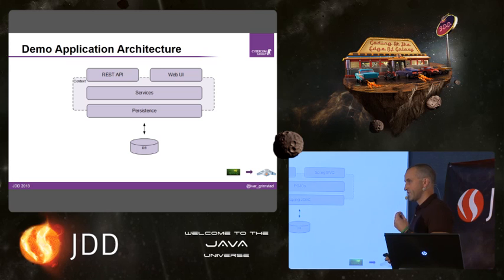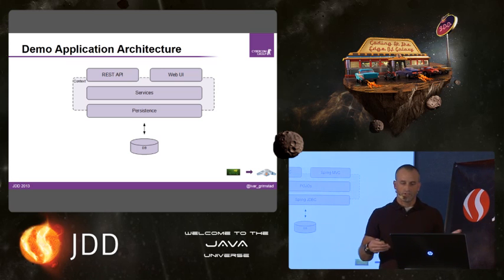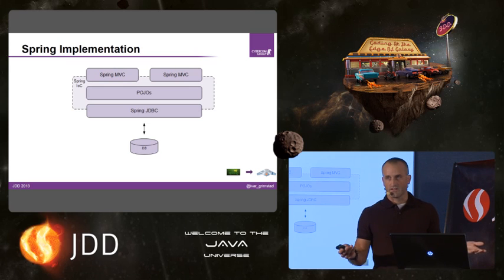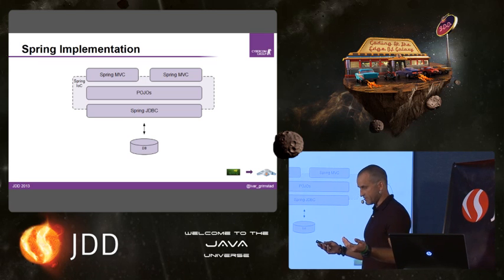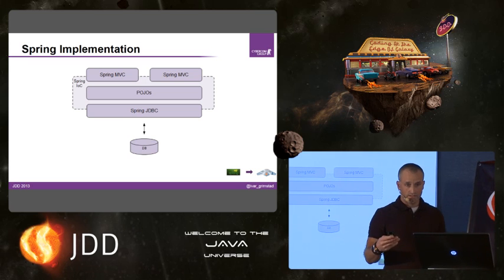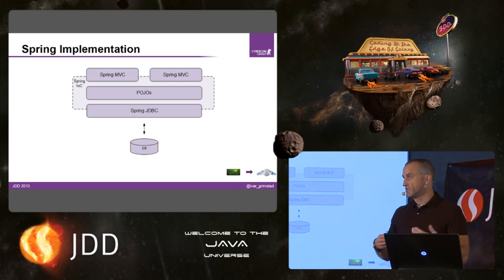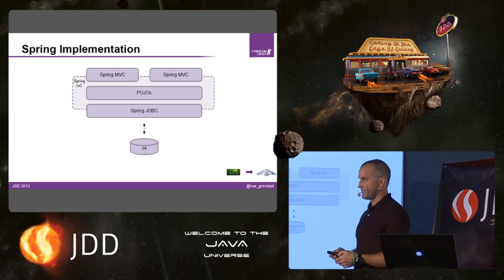So if we look at the Spring-specific implementation, I've chosen to use Spring JDBC as the persistence mechanism. And this is maybe not the best Spring persistence mechanism. I probably would have chosen Spring Data or something else, but Spring JDBC is, or has been, the most used one. So I think it's proper to use it in this example.